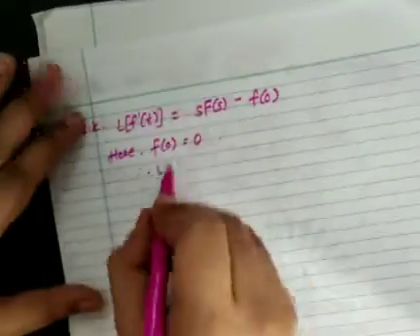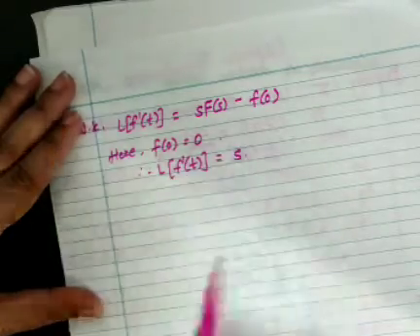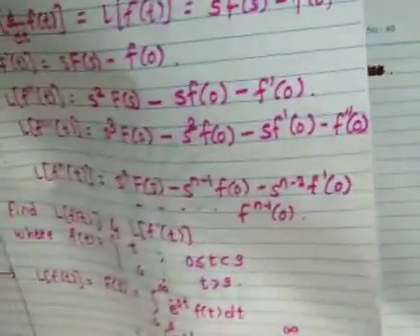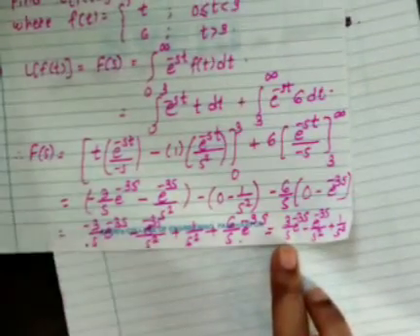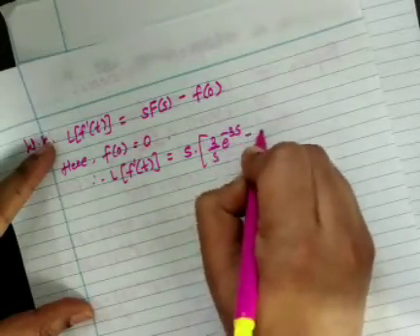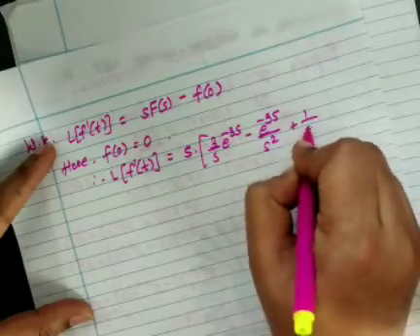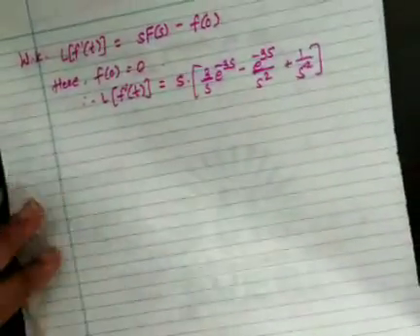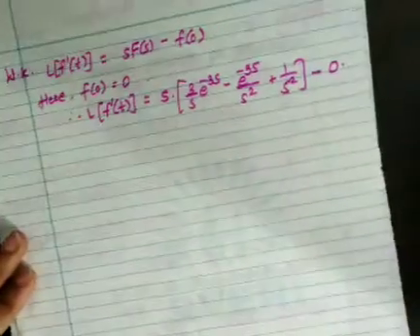Laplace transform of f'(t) will be s times F(s). F(s) is this value, 3 by s e raised to minus 3s, e raised to minus 3s upon s square, plus 1 upon s square, minus f(0), that is 0.